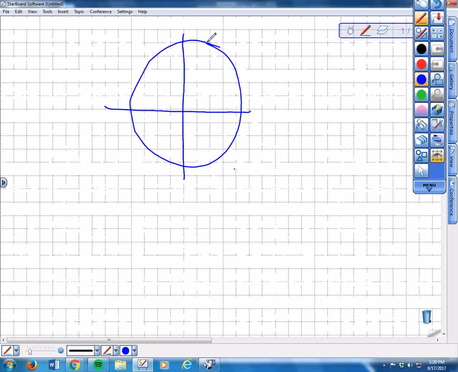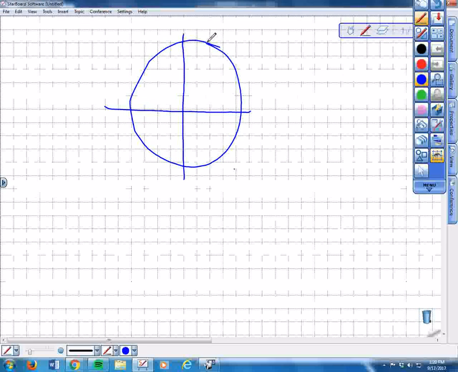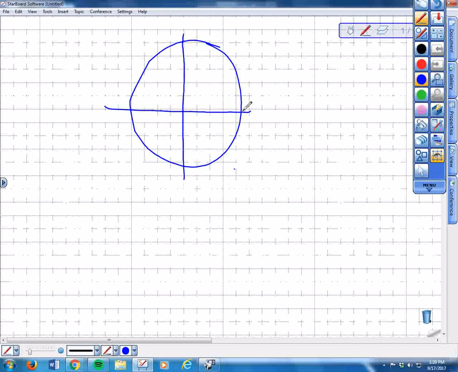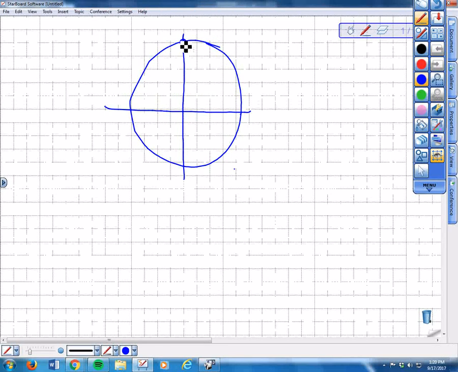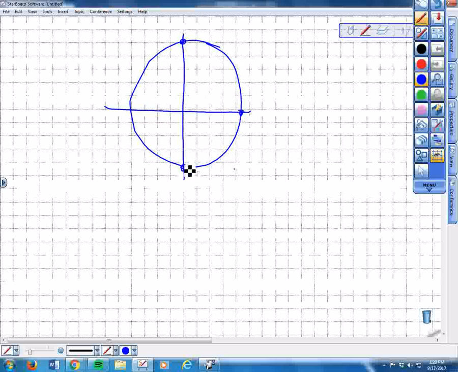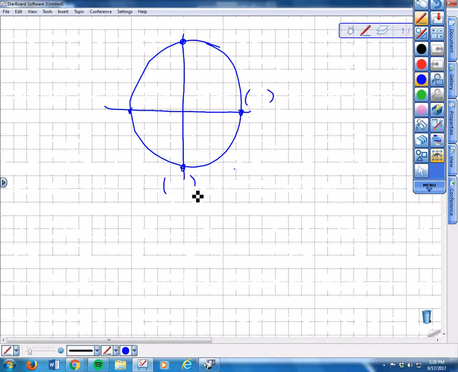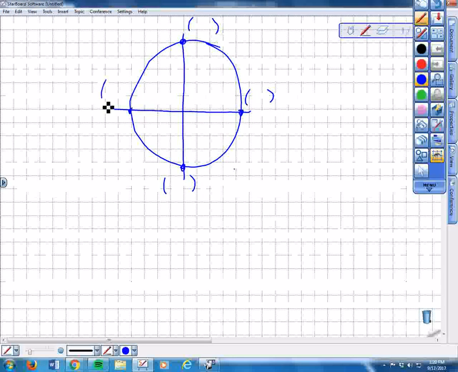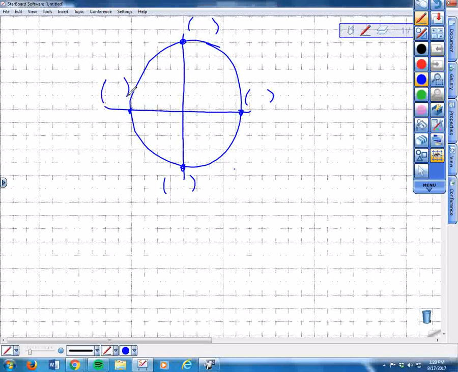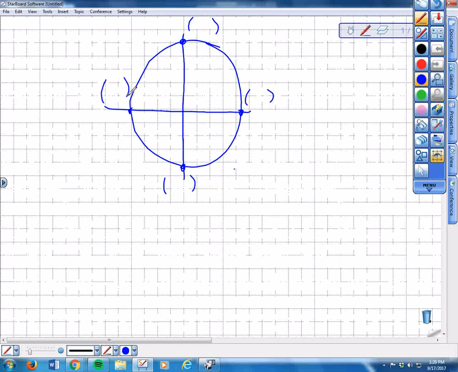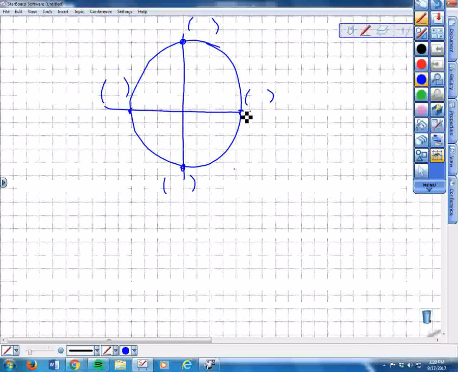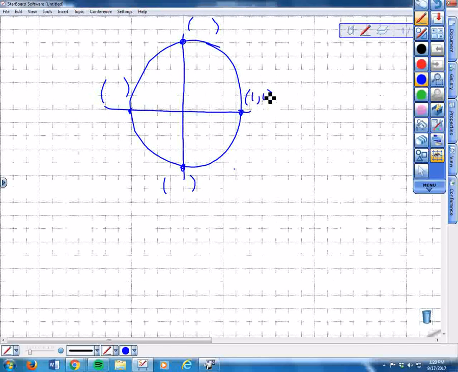All right, so remember, if it's a unit circle, what are the coordinates of these points? At 0 and 360 it's 1, 0. How about this one? X is 0, Y is 1.